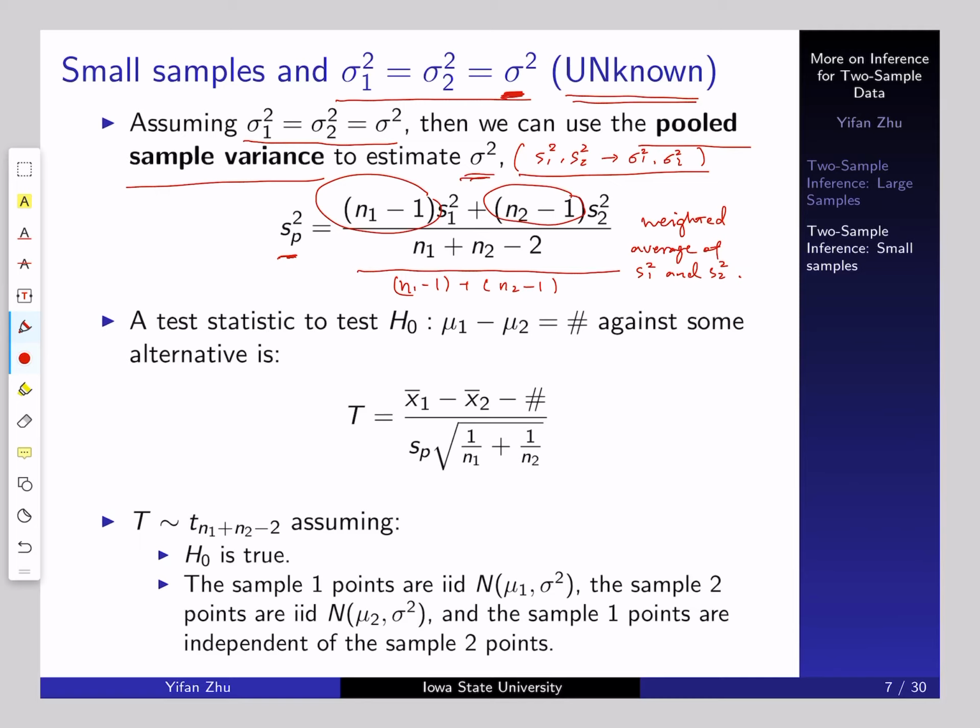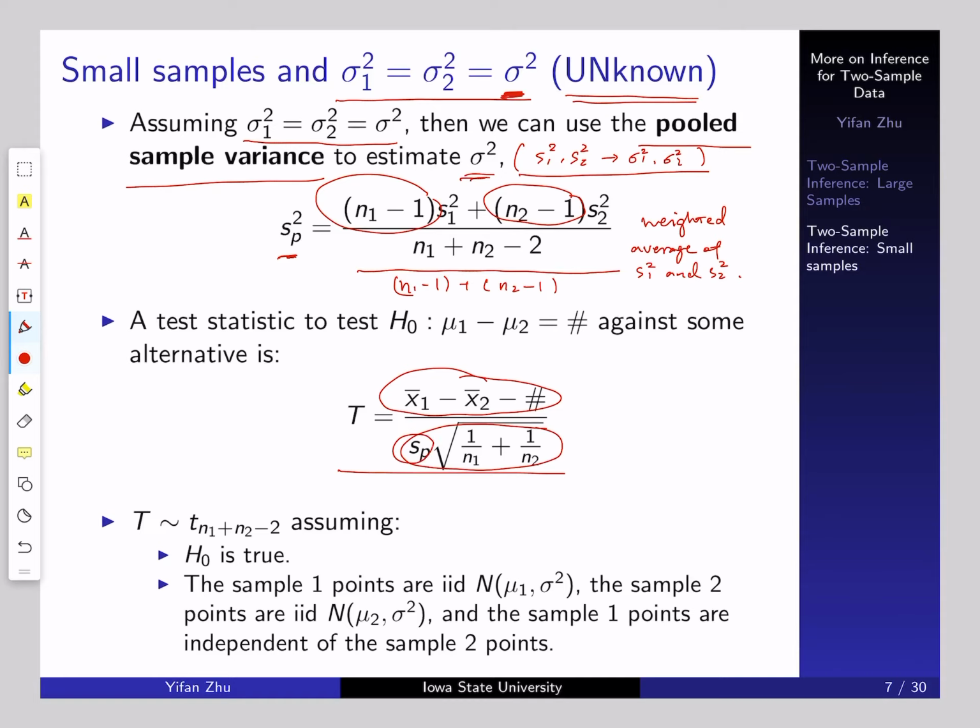Then this is our test statistic for the two sample test. In the numerator, it's still the same as before, but there is some difference in the denominator.